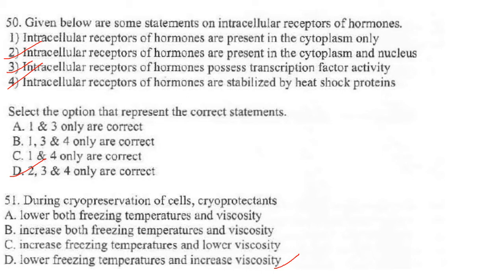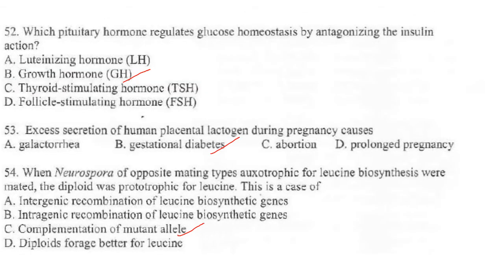During cryopreservation of cells, cryoprotectants lower freezing temperatures and increase viscosity. Answer is option D. Next one. Which pituitary hormone regulates glucose homeostasis by antagonizing the insulin action? It is growth hormone.